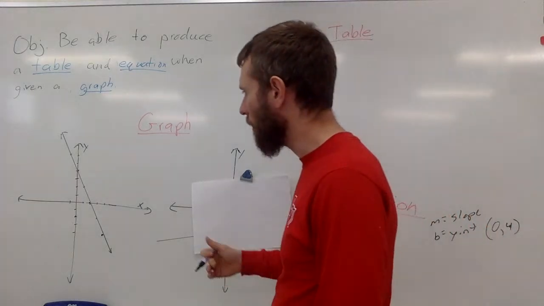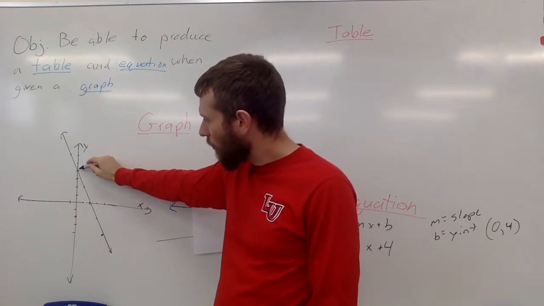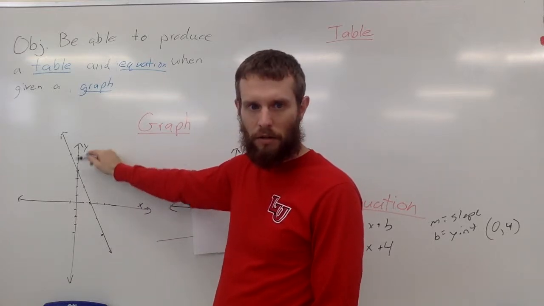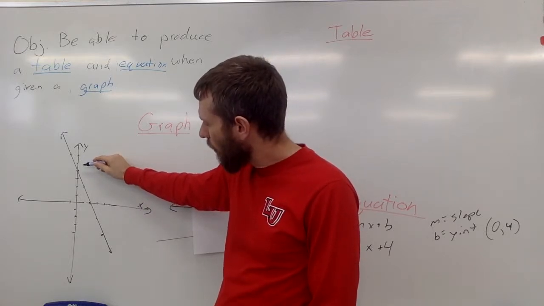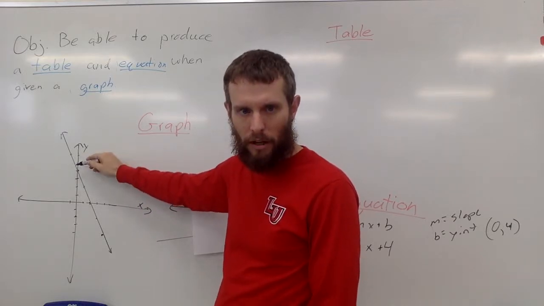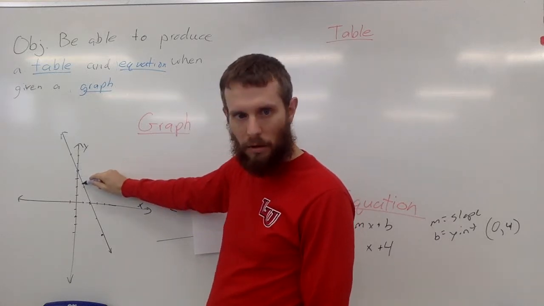We'll do rise over run. I'll start from one point and go up or down for my rise, left or right for my run. So I'll start at this point, and I want to move to this point.